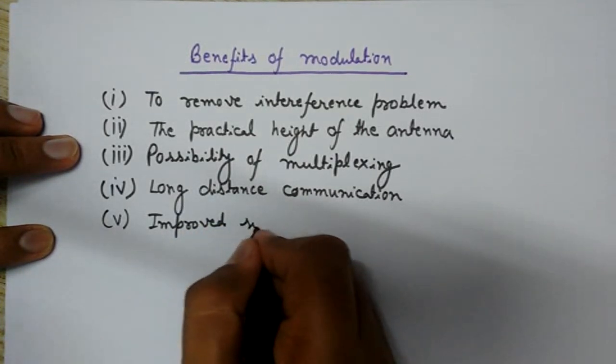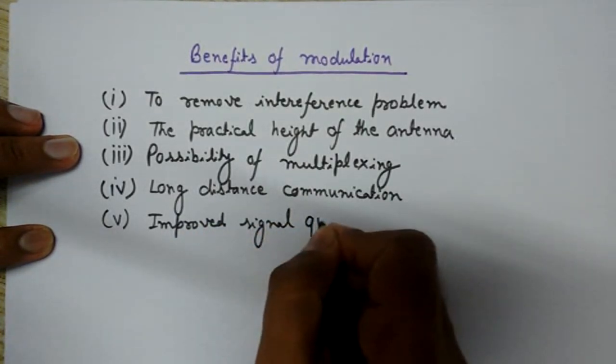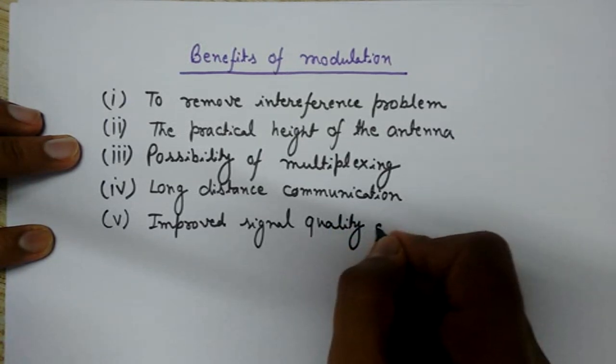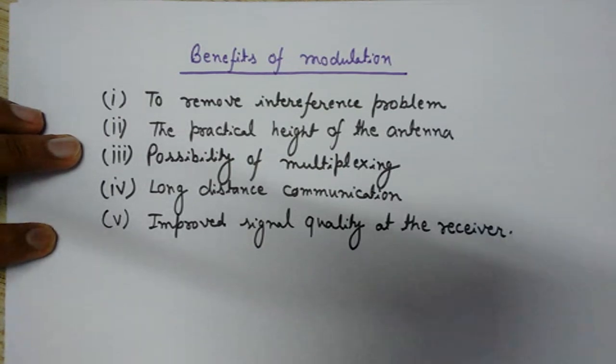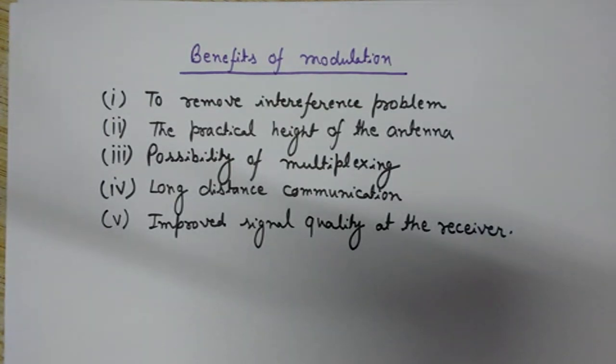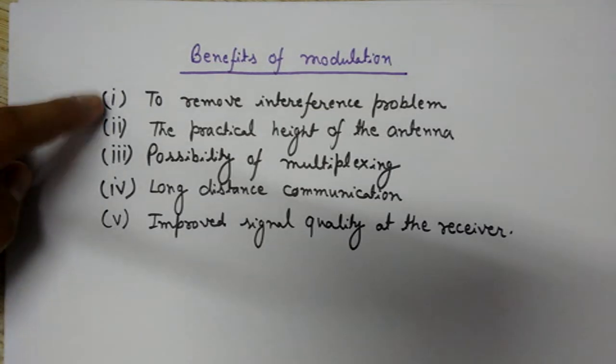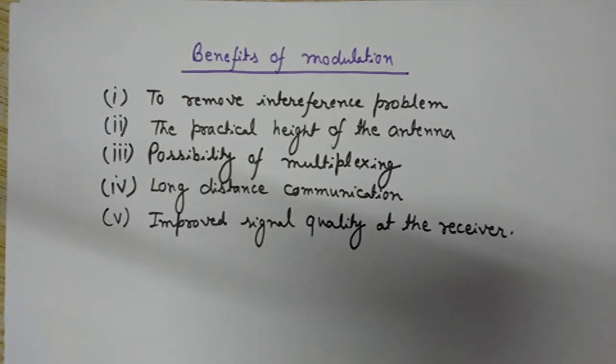So these are the five benefits that we will deal with. These are the benefits of modulation. So let's start with the first one: how it helps in removing interference.